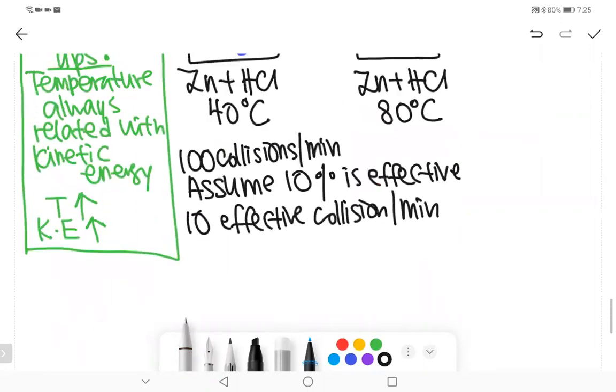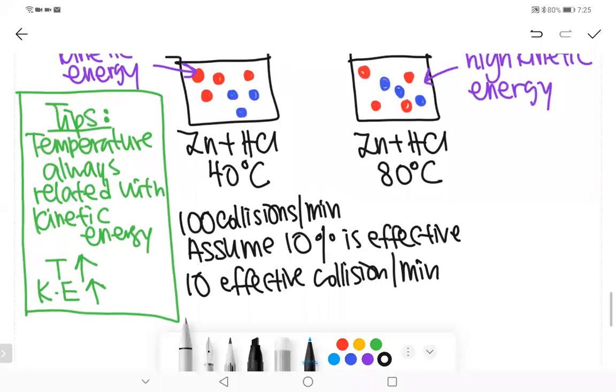The faster they move, the more they can collide. So now you are not getting 100 collisions. Now maybe you will get 500 collisions per minute.